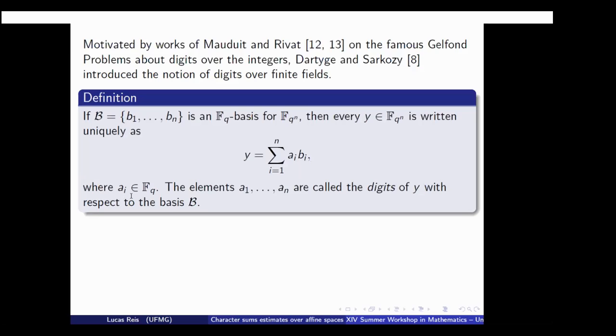So these are just the coefficients. But now if I take the basis, I order the basis B1 to Bn, we say that A1 to An are the digits of y with respect to the basis B, right? So it's just a natural definition from a basis of a vector space.